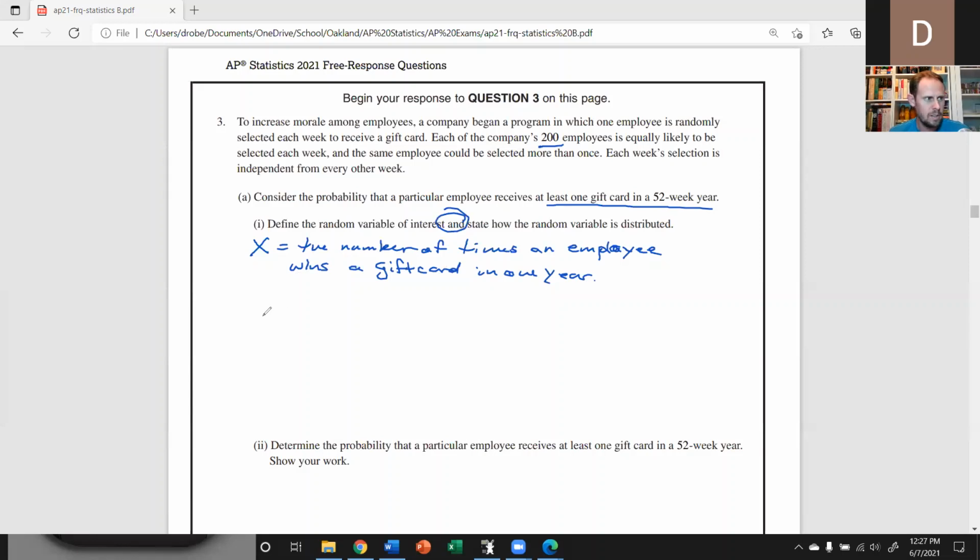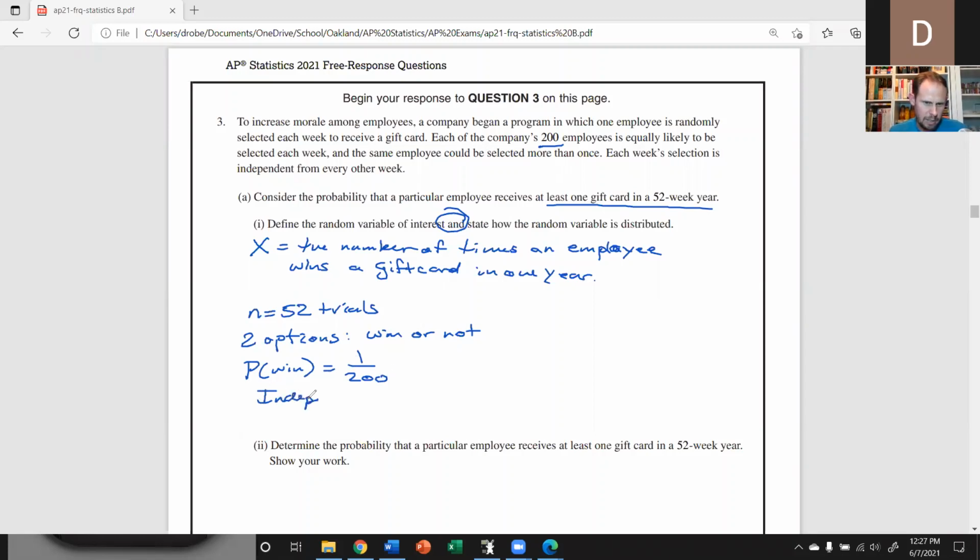All right, and so we've defined the random variable of interest and now state how it is distributed. Well, we have n trials. We have 2 options each trial: they could win or not, more likely not. We have a fixed probability. The probability of someone winning is 1 out of the 200 employees, and that remains the same because the trials are independent.